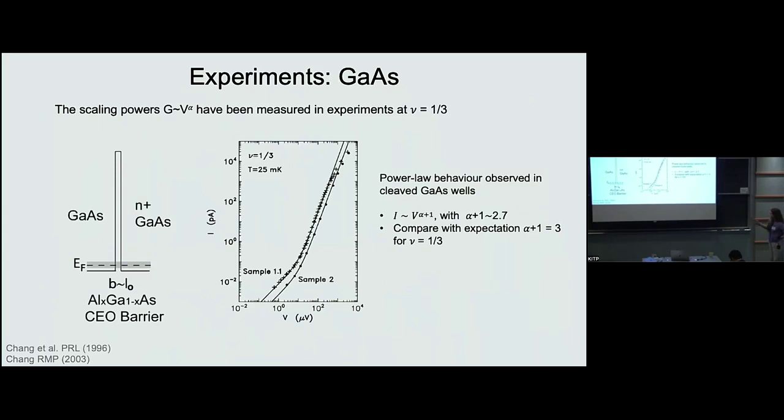So this is for nu equals 1/3. So did the coefficient actually match what they expected? Well, they found 2.7 instead of 3. And it's believed that the reason they don't get the correct, quote unquote, predicted answer could be because of what's called edge reconstruction or disorder.